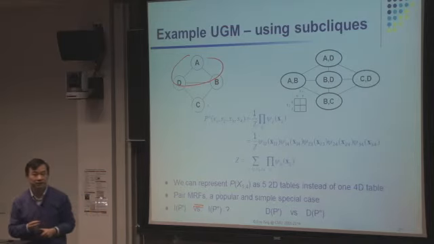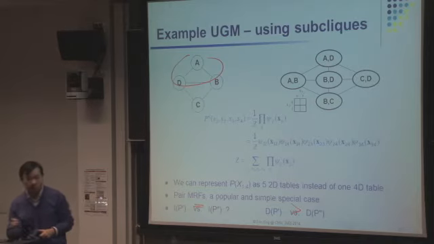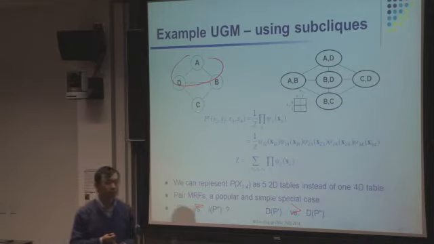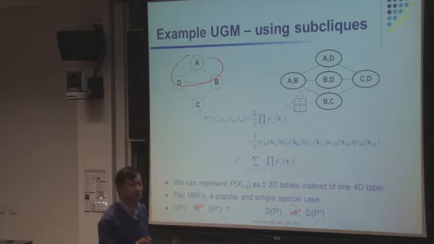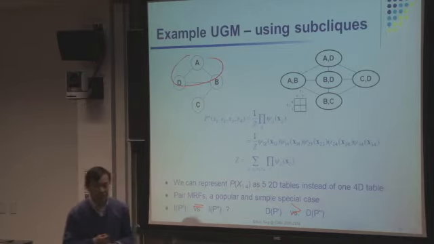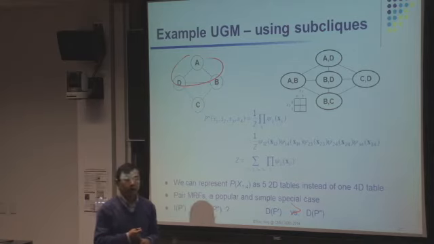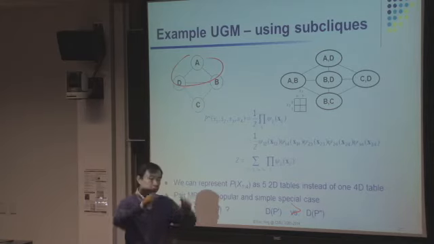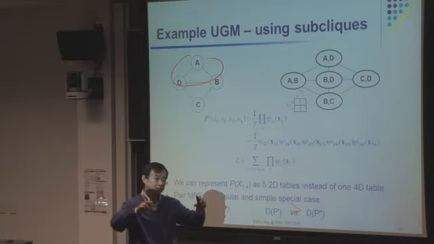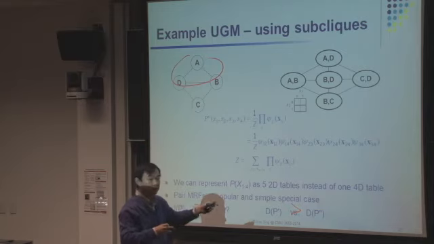Are there any reasons besides computation that one might want to select one way of representation over another conceptually? Are there any reasons that one might want to choose a max clique representation rather than a subclique? Yeah, that's a design issue. Besides computation, it gives you more power because you can explicitly capture the three-way dependencies between the variables, which could be indirectly achieved by the two-way table, but it's harder.